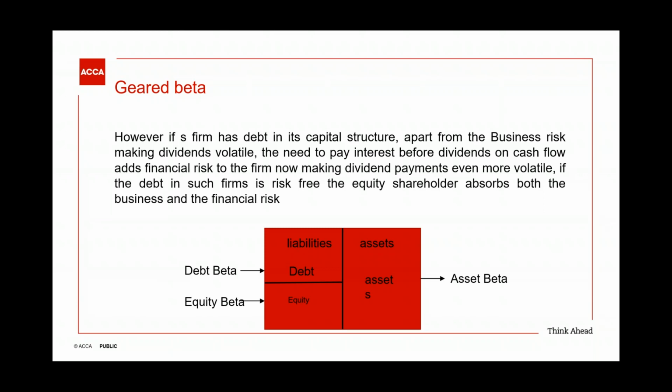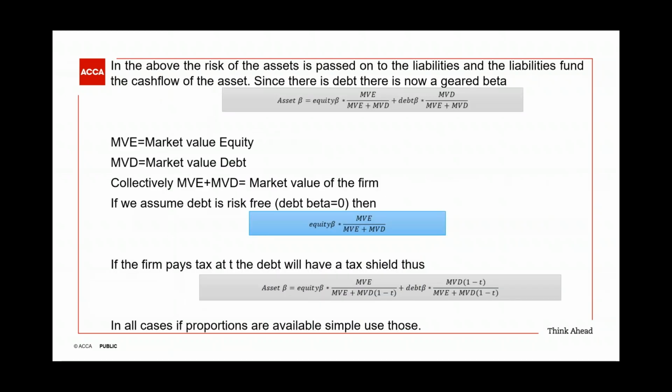So in these situations, it's very common that the asset beta is a weighted average of debt and equity beta. So then we end up with a bit of a complicated equation like this, which is not very complicated actually, because asset beta is a weighted average of equity and debt beta. That's what is shown above.